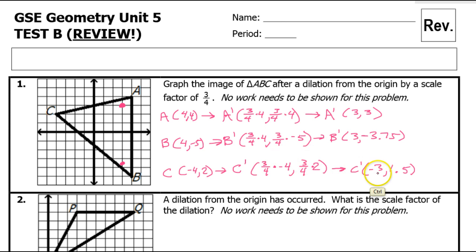And then (-3, 1.5). 1.5 is going to be right there. So this is my A prime, and this is my B prime, and this is my C prime. And I'm just going to connect those. So that's how you do number 1.